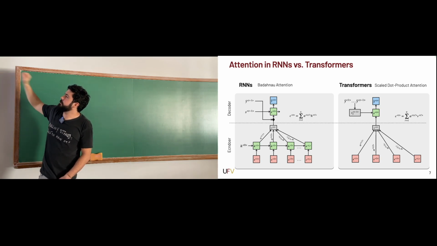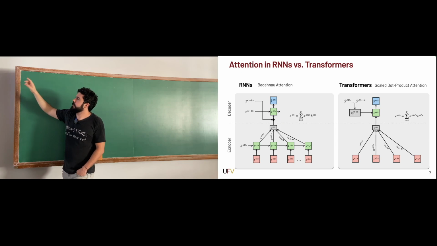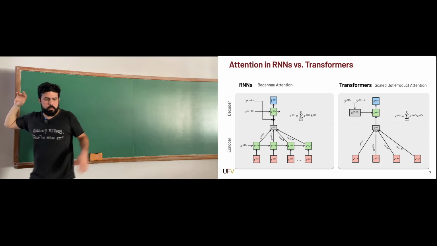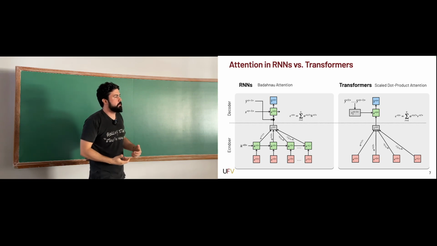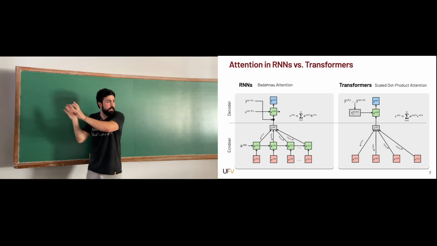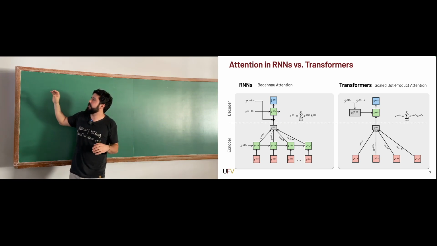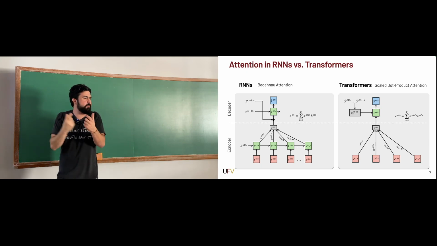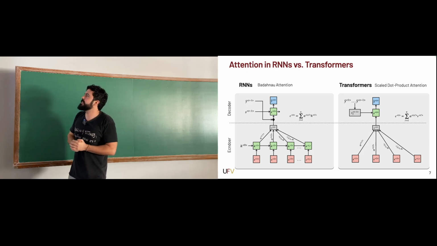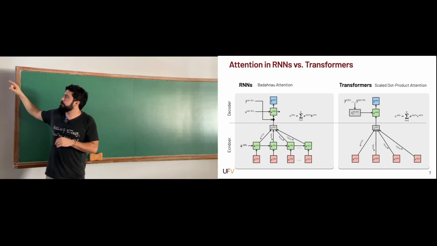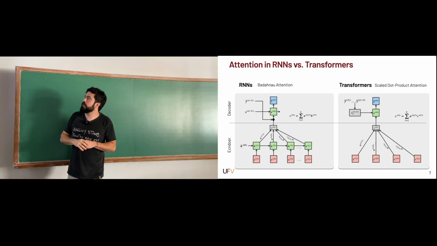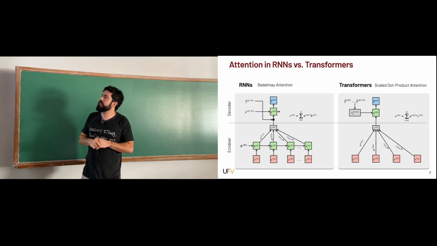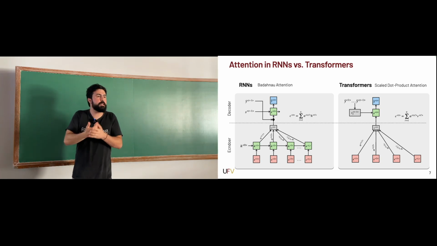And then the decoder is similar. We're not going to call this a hidden state anymore, but just to draw a parallel with RNNs, we could think of the decoder as having a hidden state S, which is formed by looking at the previous outputs, y hat 1 all the way to y hat t minus 1.